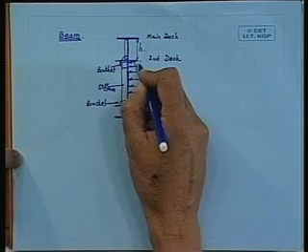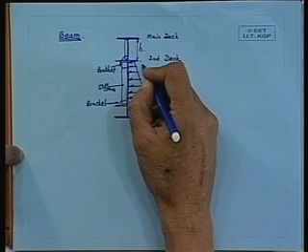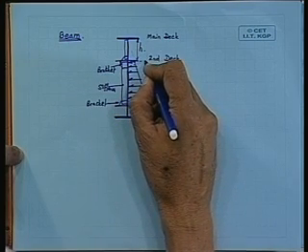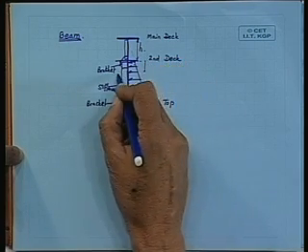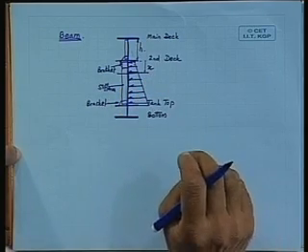So, we are considering it as a beam. From here I set up some coordinate system and I say that my x is measured this way to some level here. Right.